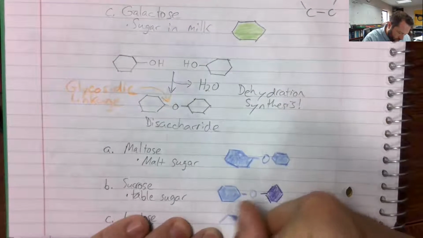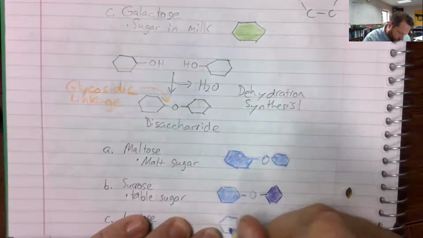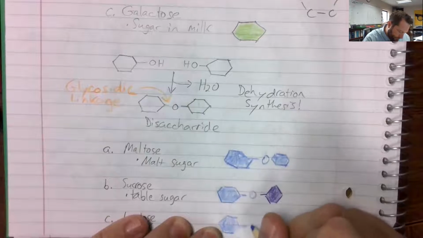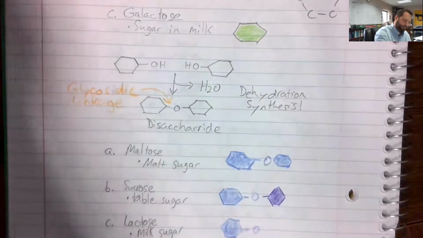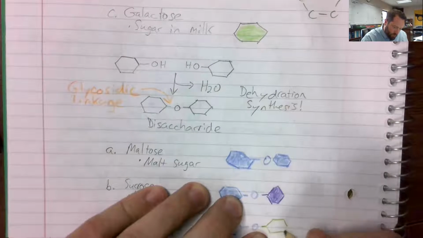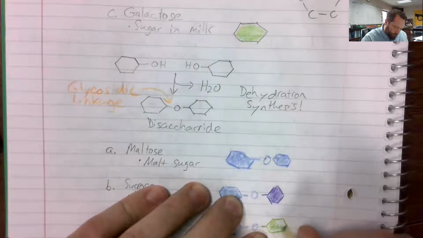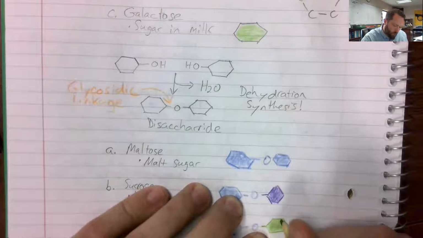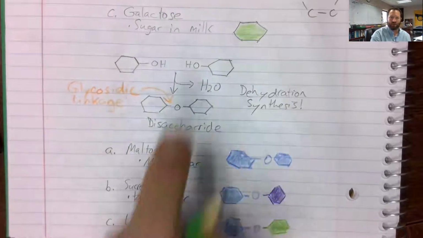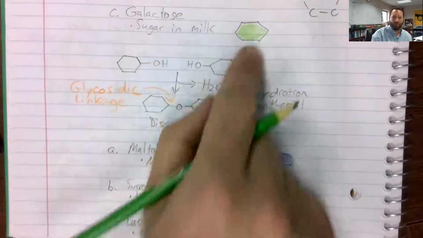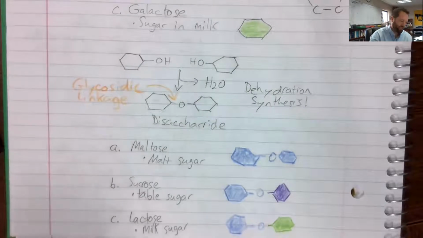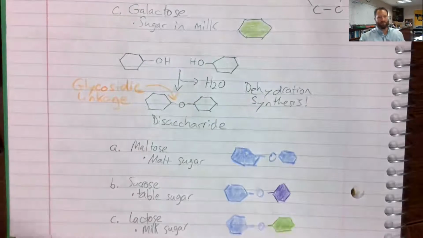It has one glucose and one, there's that green galactose, which makes sense. You'd expect to find galactose in milk sugar. And there it is. A glucose and a galactose make a lactose.